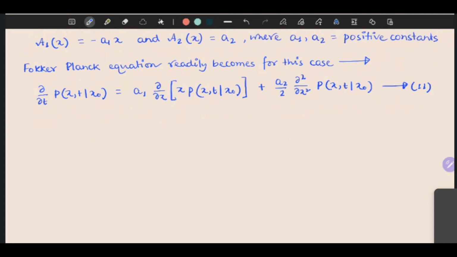If you do the dimension analysis, then you can get the dimension of a1.